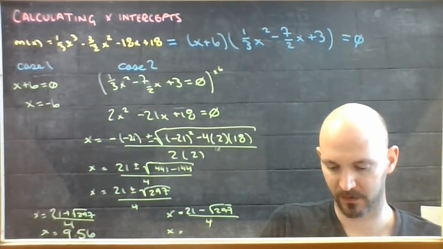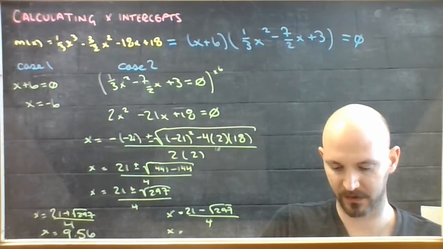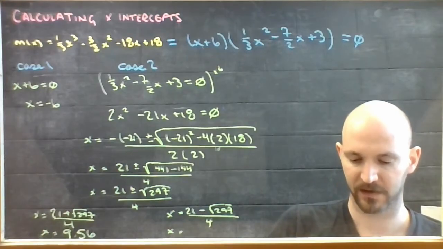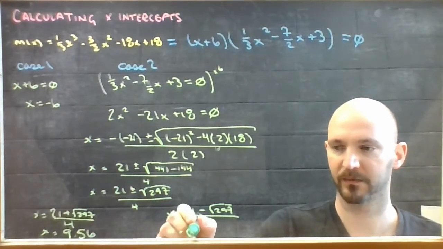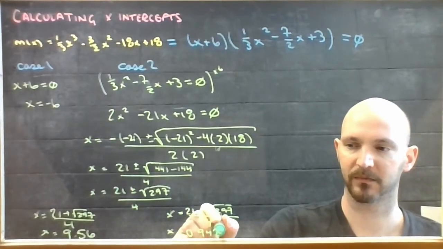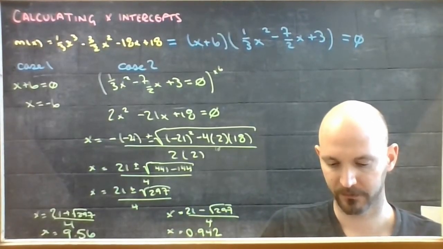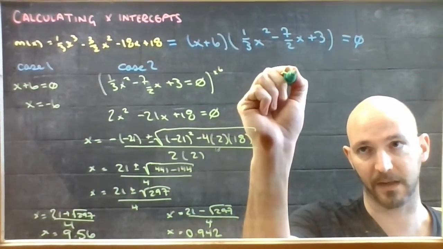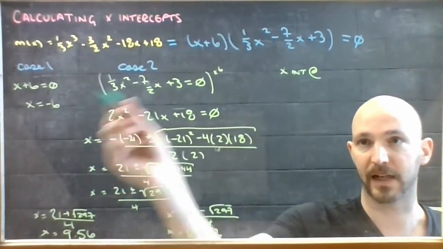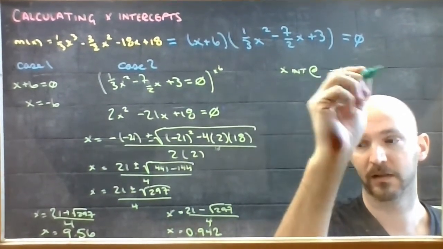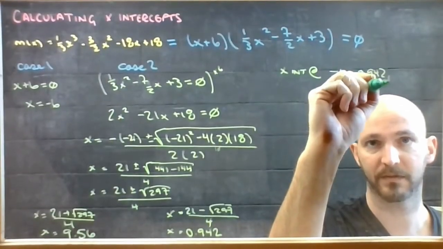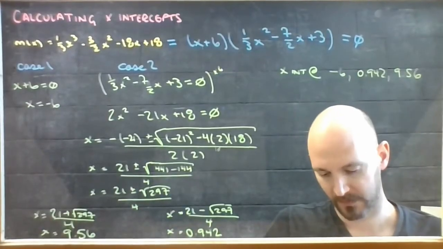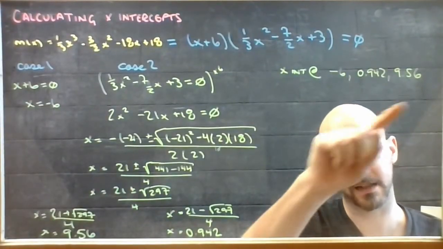And 21 subtract the square root of 297, divided by 4, gives me 0.942. All right. So what I've just figured out here is that there are x-intercepts at negative 6, 0.942, and 9.56. So when I go to sketch this thing, it will cross the x-axis in those three places.